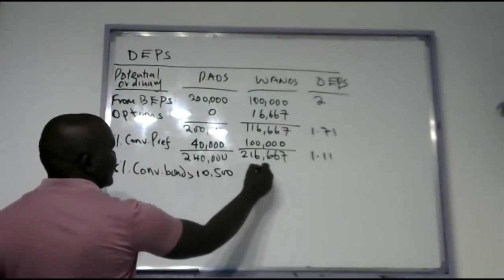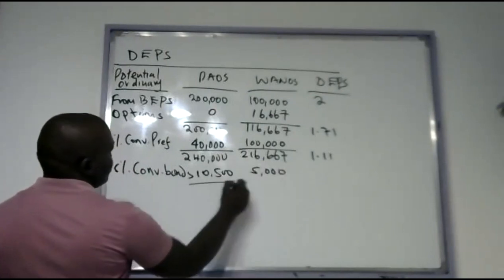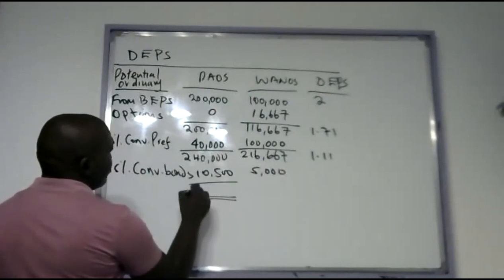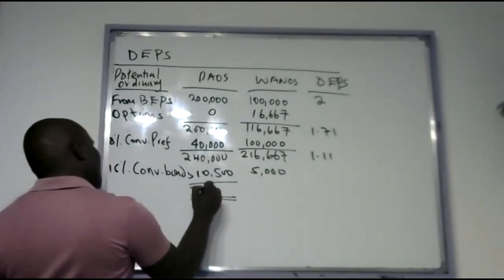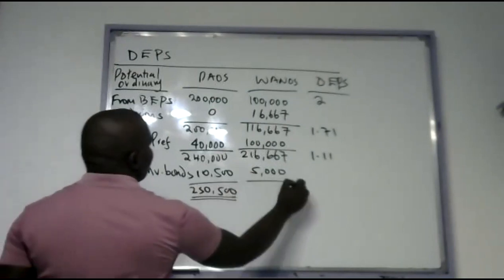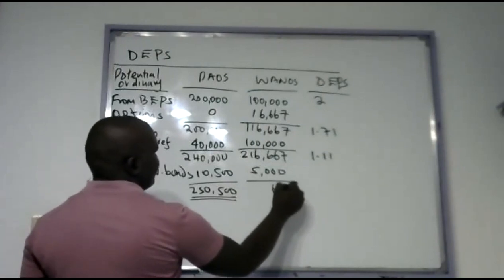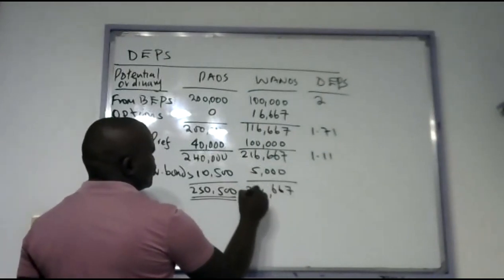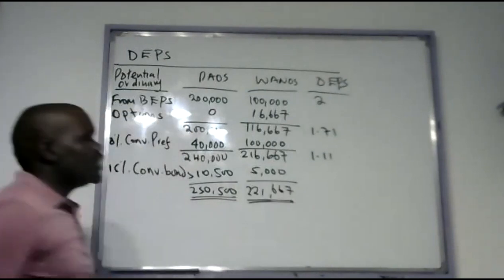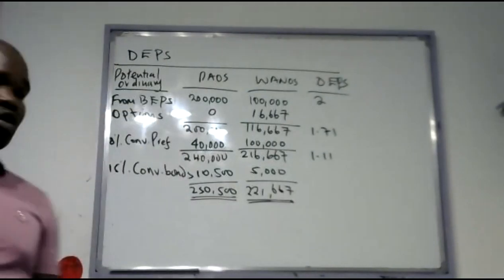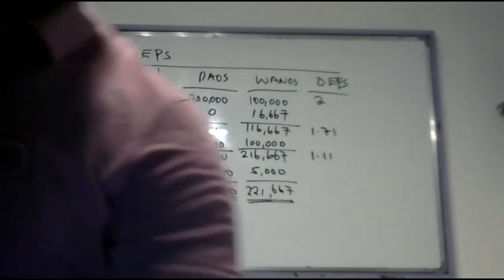I remember this was 5,000. So if that is okay, this is the last one. I'm talking of 250,500 and 221,667. Copy me at your own risk. So if they are correct, give me the new EPS.